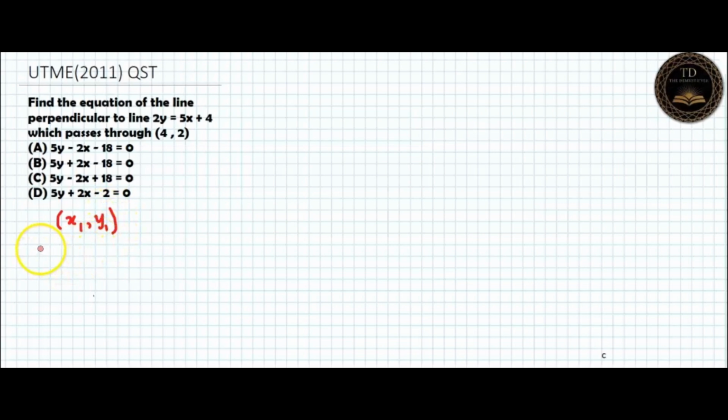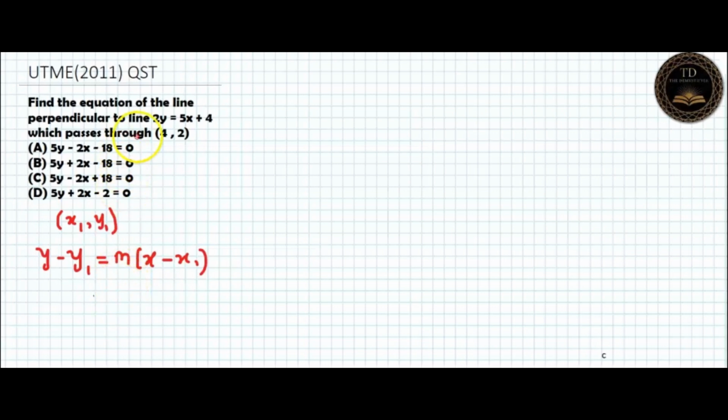It is given by y - y1 = m(x - x1), where (x1, y1) represents the point where the line passes through, and m is the gradient of the line.